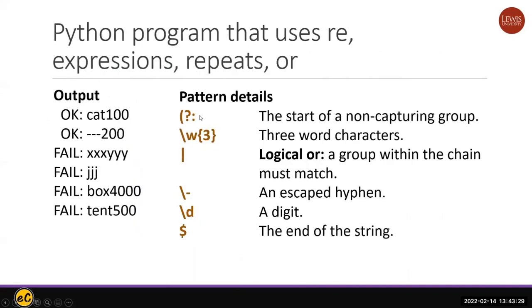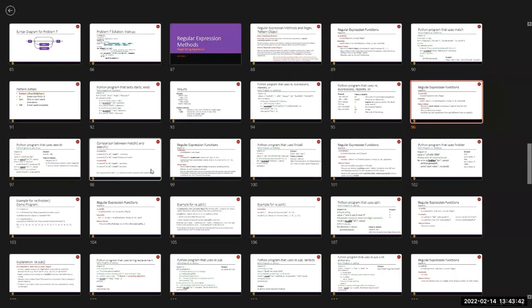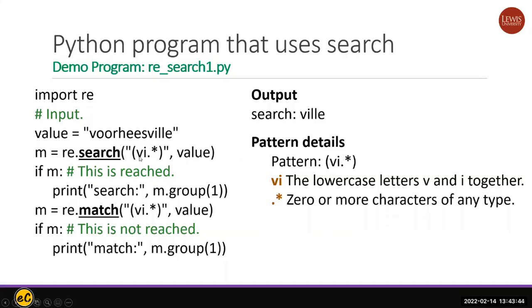You can also do search, searching a certain text. For the search function, you search for VI and other words. So VI something, so valid will be matched.